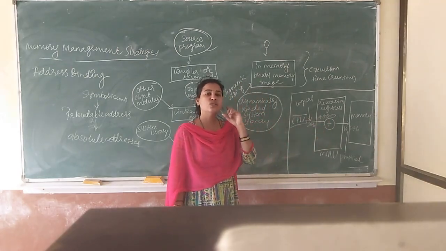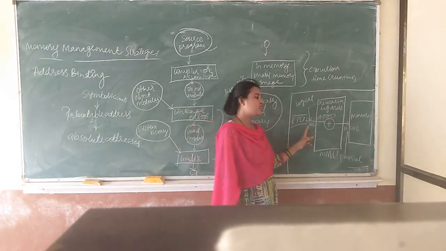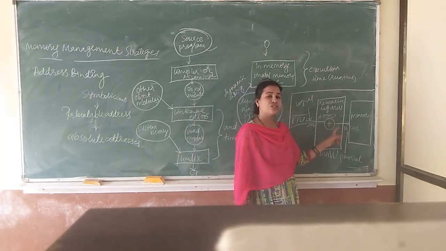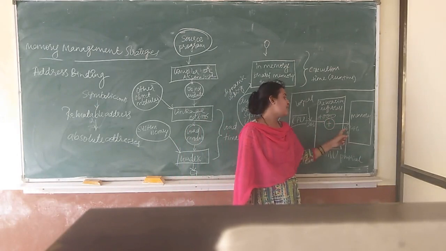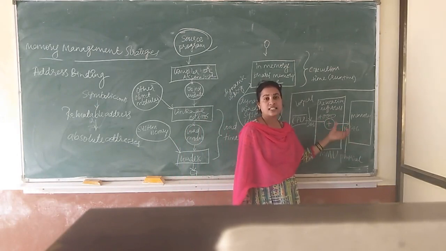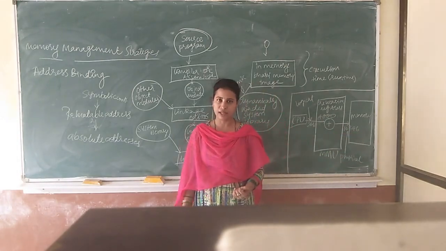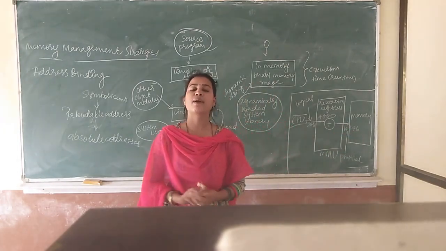That address is called the physical address. So the address generated by the CPU is the logical address, and the address generated by the MMU is the physical address, the absolute address which is used to get the data from the memory. This is how the address binding is done.